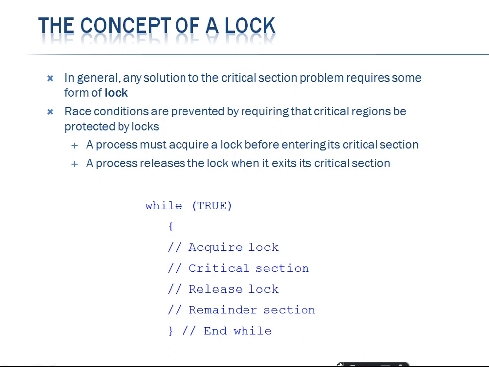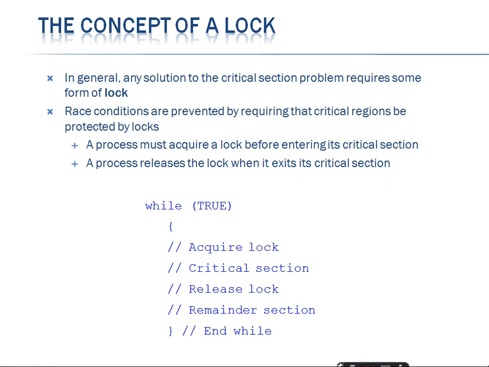Just like we put a lock over the door to safeguard our house, you can consider the same example, but here we are putting it onto the critical section. So in general, any solution to the critical section problem requires some form of hardware, some form of lock. And race conditions are prevented by requiring that the critical region be protected by locks.